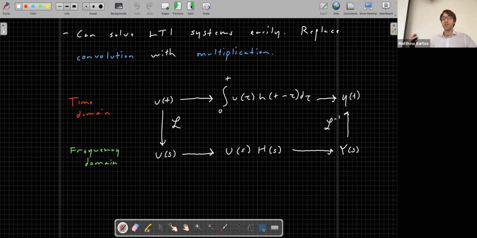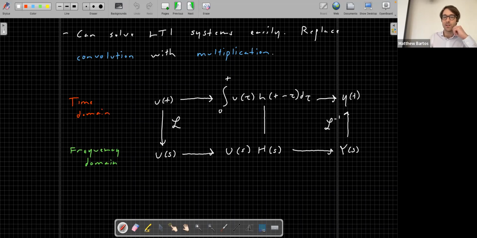So we showed that we can solve LTI systems more easily by replacing convolution, which is kind of convoluted and is given by this integral here, with simple multiplication. Specifically, we can take our input and apply the Laplace transform to produce the input as expressed in the frequency domain.